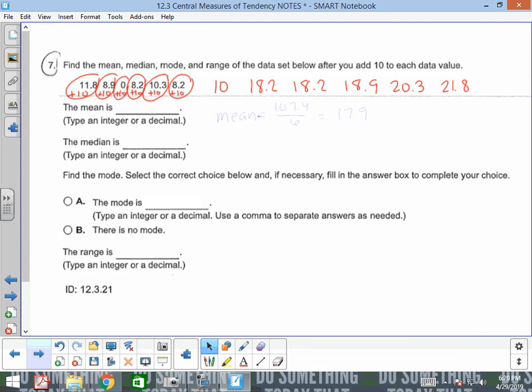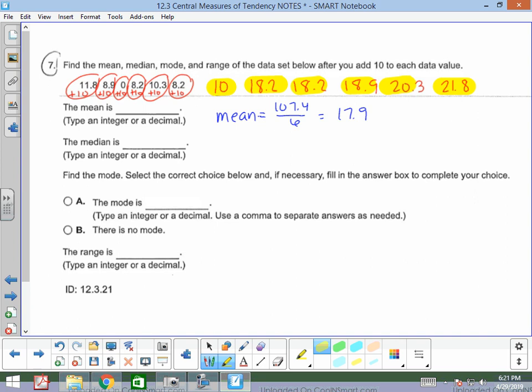So the mean is, after you add them all together, and you're adding up these numbers after you add 10, and divide by 6, we get 17.9. The median, since there's 6 numbers, the 2 numbers in the middle are 18.2 and 18.9.